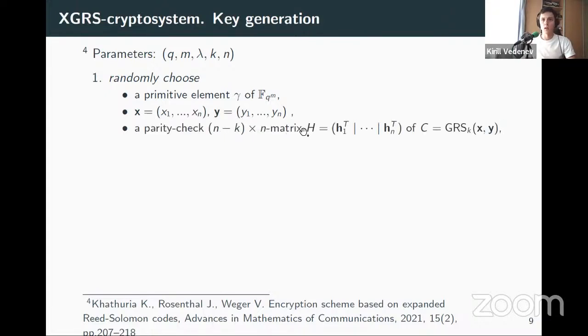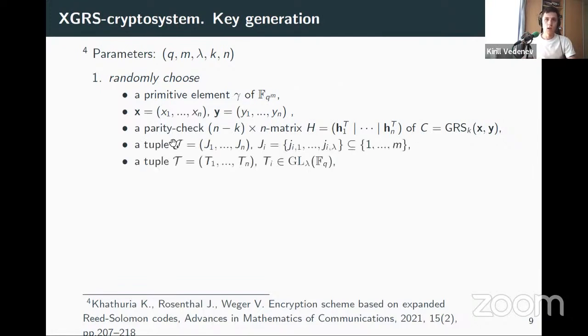We then take some parity check matrix of this code, and we also generate a tuple. The first tuple is of indices from 1 to n. Each J is of size lambda, and we also generate invertible matrices of size lambda.